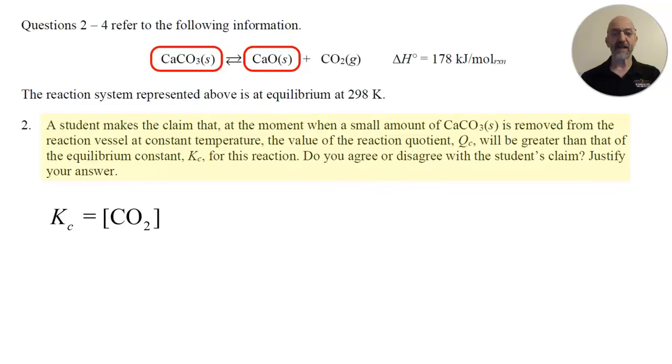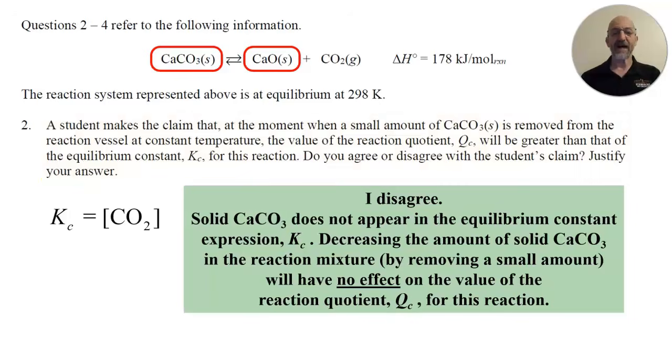So a student makes the claim that at the moment when a small amount of solid calcium carbonate is removed from the reaction vessel, the value of Q will be greater than K. So I disagree. Solid calcium carbonate does not appear in the equilibrium constant expression.